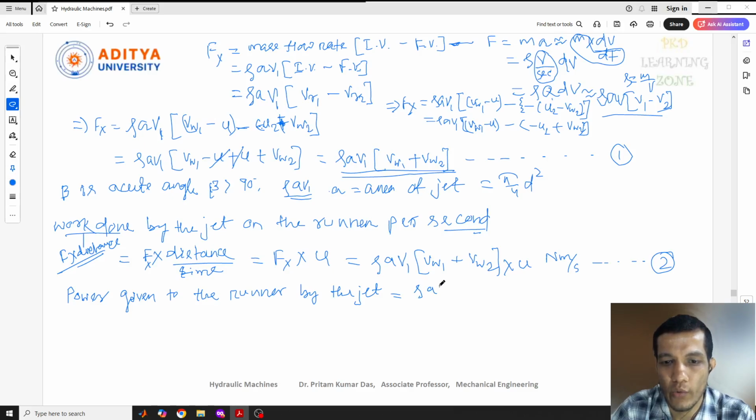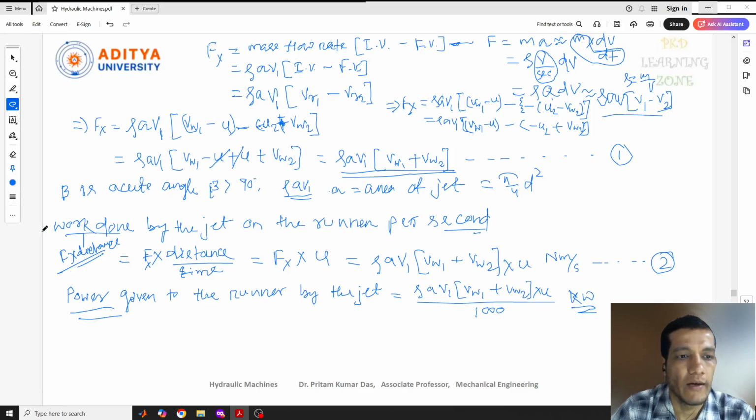That is rho A V1, bracket start VW1 plus VW2 bracket close, into U divided by 1000. This is our final output, in kilowatt. So this is about the power, this is about work done, and this is about the force.